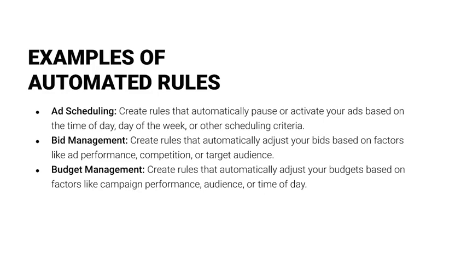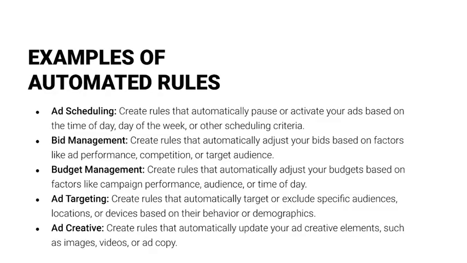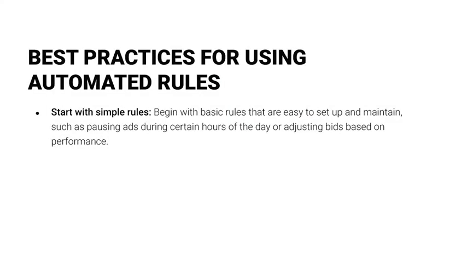Create rules that automatically adjust your budgets based on factors like campaign performance, audience, or time of day. Ad targeting. Create rules that automatically target or exclude specific audiences, locations, or devices based on behavior or demographics. And ad creative. And this could be rules that automatically update your ad creative elements, such as images, videos, or even ad copy.